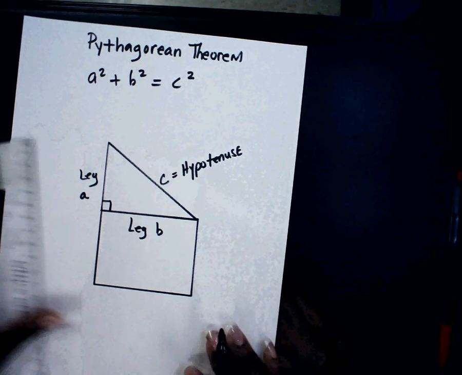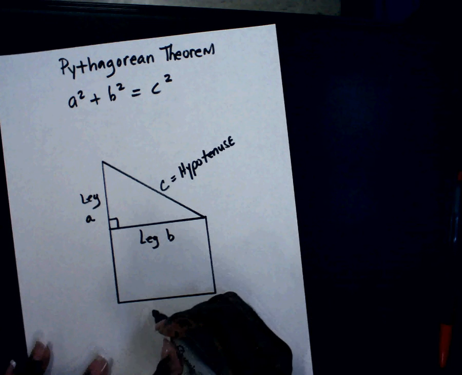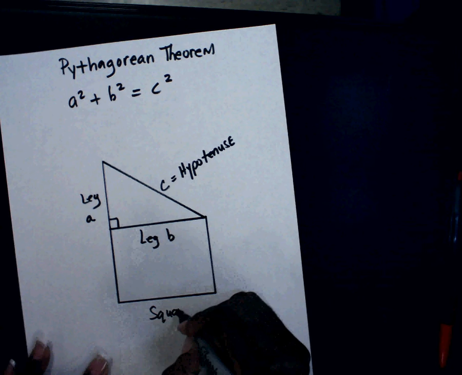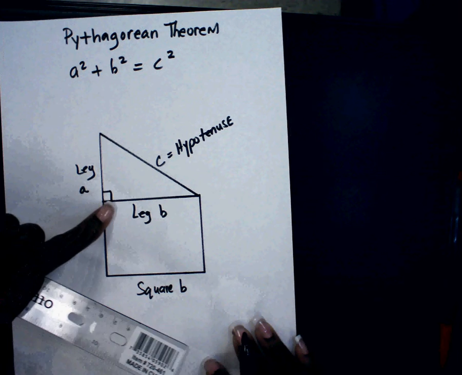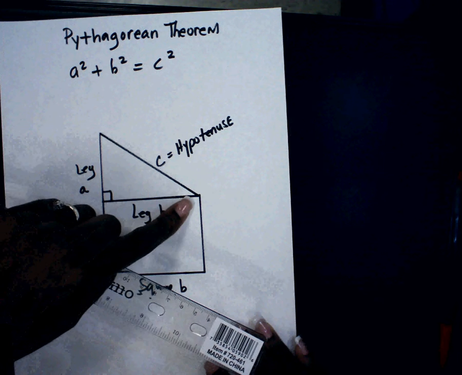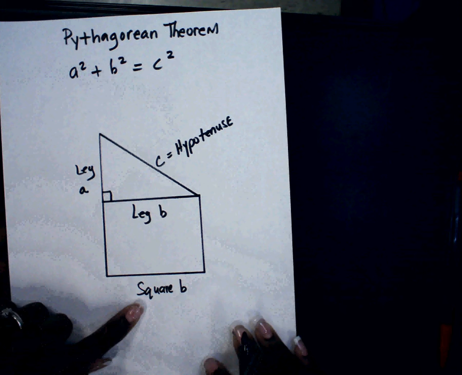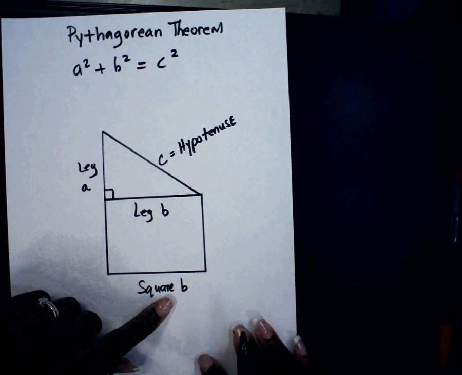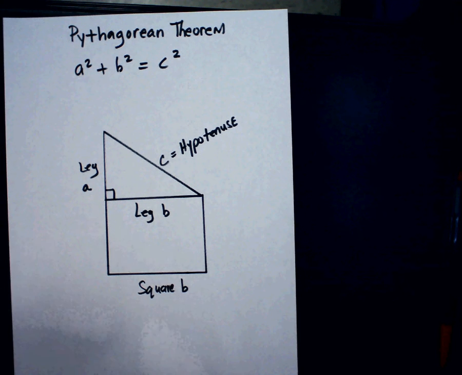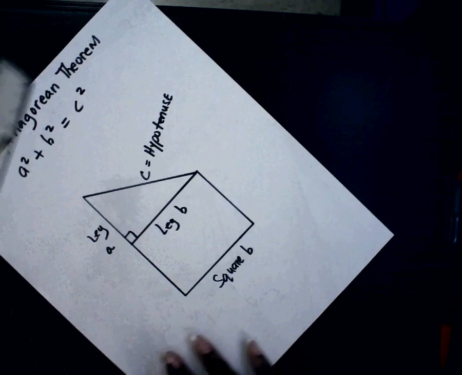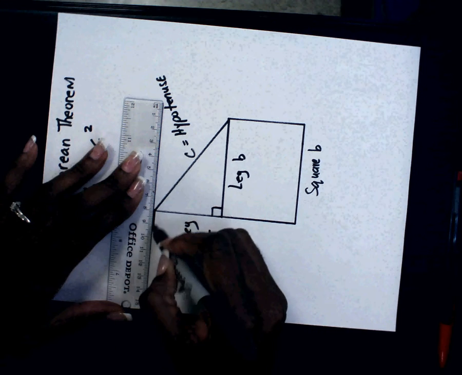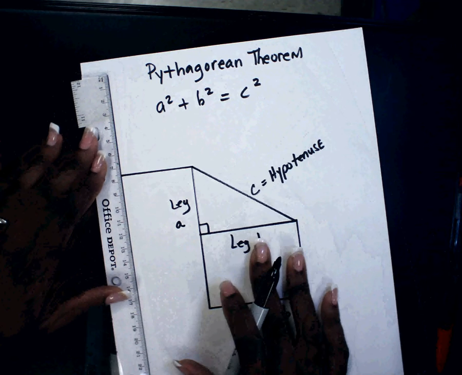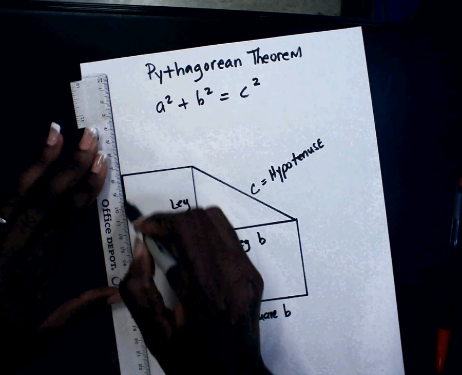That's going to be my square B. Okay, so I have my leg B, which is the side of my right triangle, which is congruent, and we learned that last week, with this side of the square B. Next, we're going to draw a square for the A leg of my right triangle.